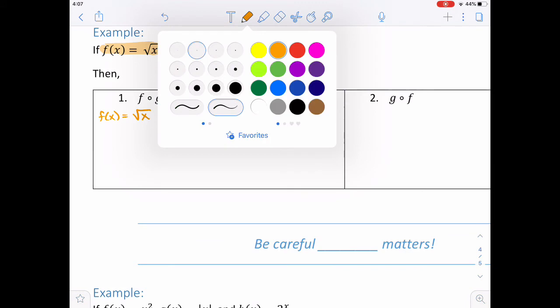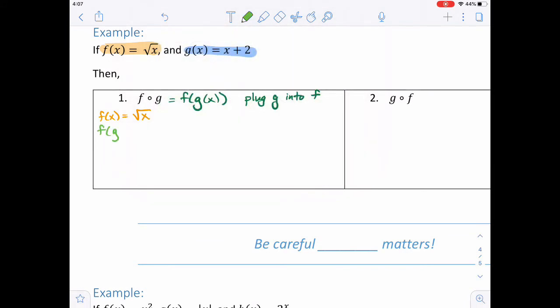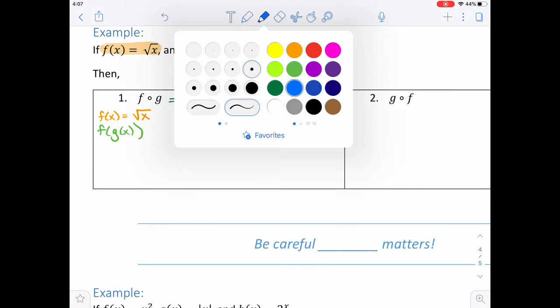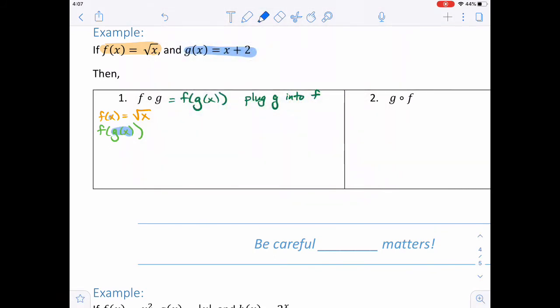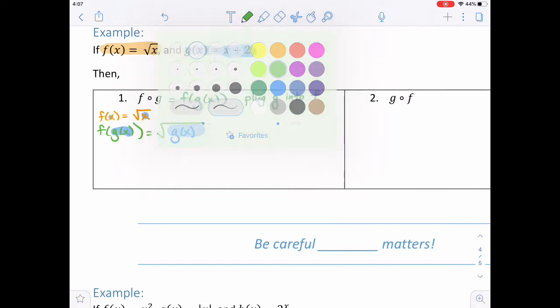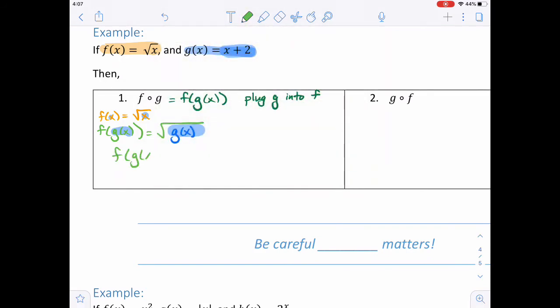So I am looking for f of g of x. So that means I'm going to put a g everywhere I see an x. So this is the square root of g of x, right? But g of x is 2 plus x. So that means that f of g of x is actually the square root of x plus 2. All I did was plug g into f.